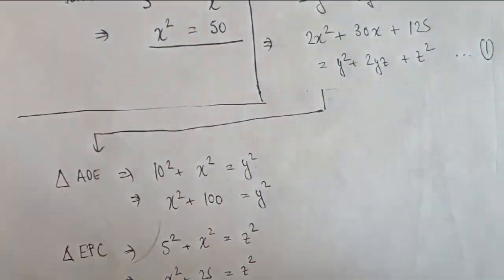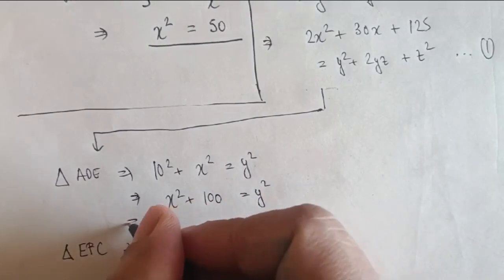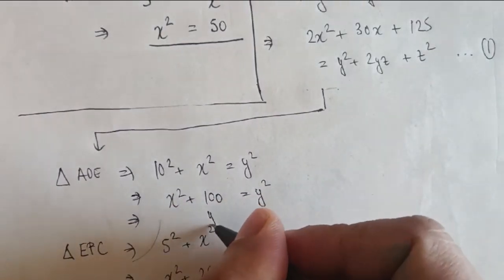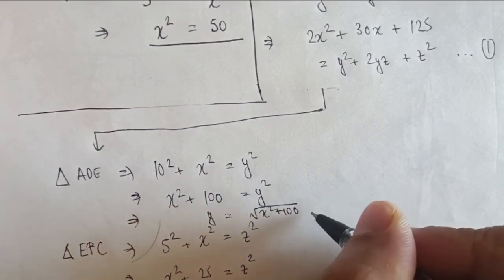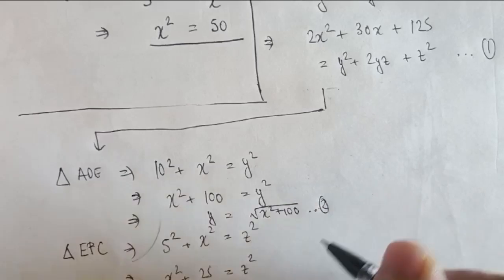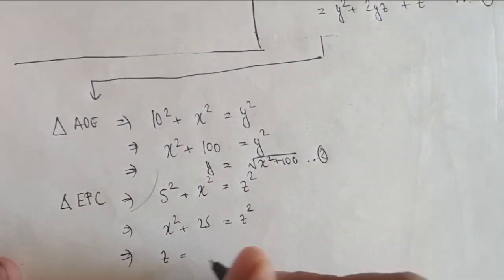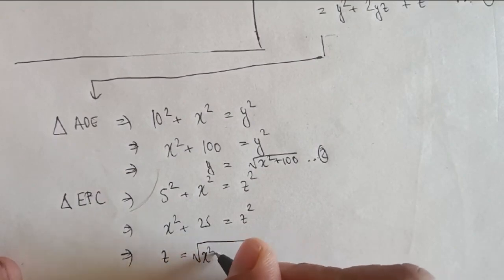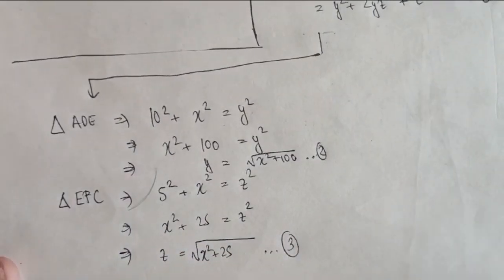Now from these two equations, what this gives us, I will just write it in a small form here. y is equal to square root of x squared plus 100. This will be equation 2. And from here we get z is equal to square root of x squared plus 25. This will be equation 3, right?